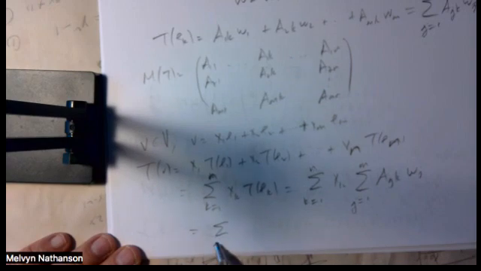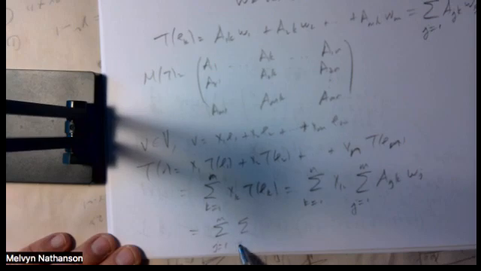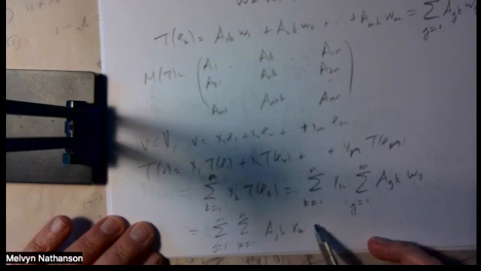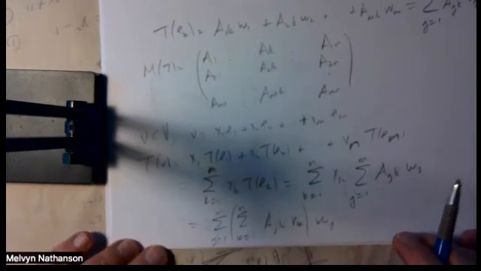This is the summation j goes from 1 up to m, summation k goes from 1 up to n, a_jk x_k w_j.